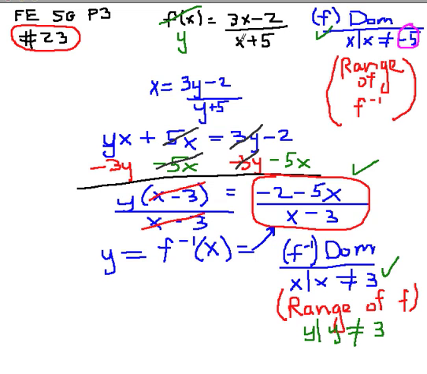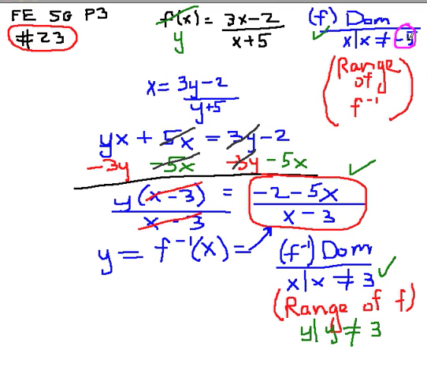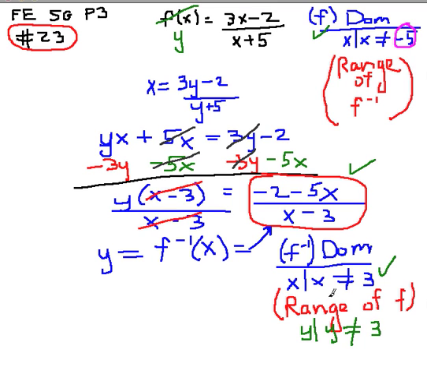Well, the only vertical asymptote is at x equals -5. Okay? Think about that. The domain of this function is all real numbers x, so that x does not equal -5. Now, that might be pretty easy for you, but think about this. The range of f is such that y does not equal 3.